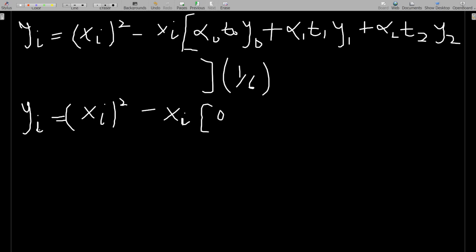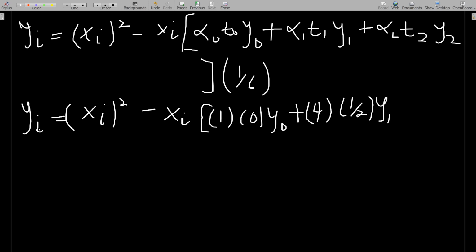So alpha naught is 1 times t naught, which is 0, and times y naught, and plus alpha 1, which is 4, times t1, which is half, times y1, plus alpha 2, which is 1, times t2, which is also 1, and y2. All of these times 1/6.